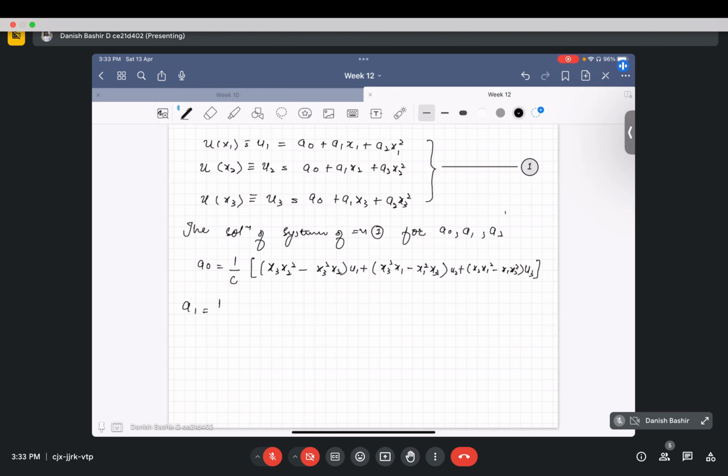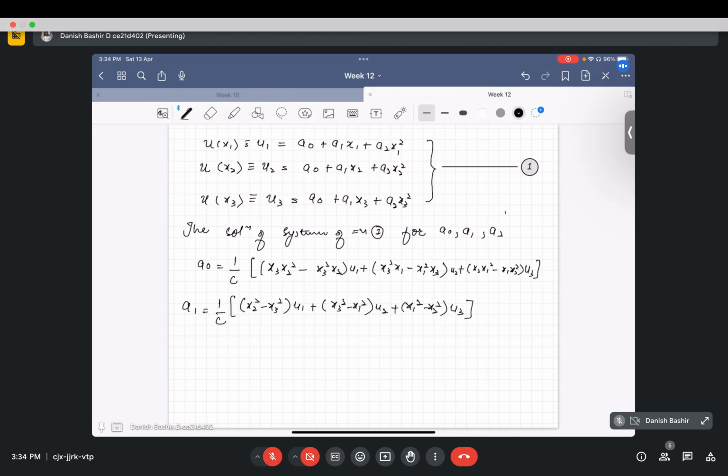plus (x2 x1 square minus x1 x2 square) u3, and you have to close the bracket. And then a1 is equal to 1 by c, times (x2 square minus x3 square) times u1 plus (x3 square minus x1 square) times u2 plus (x1 square minus x2 square) times u3.